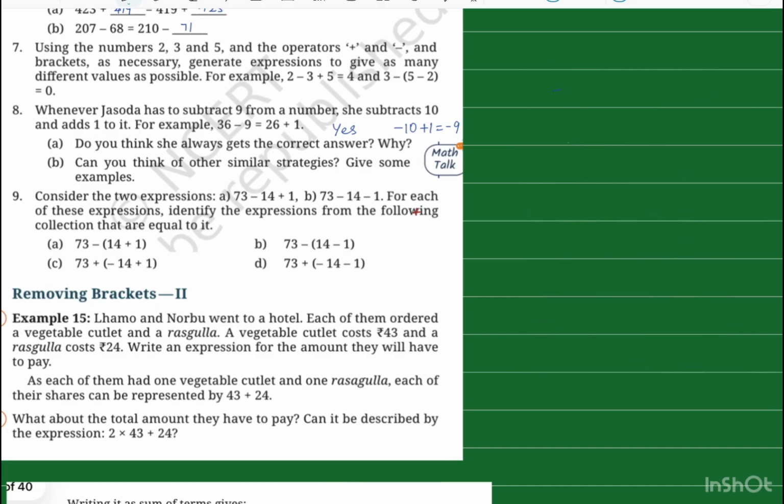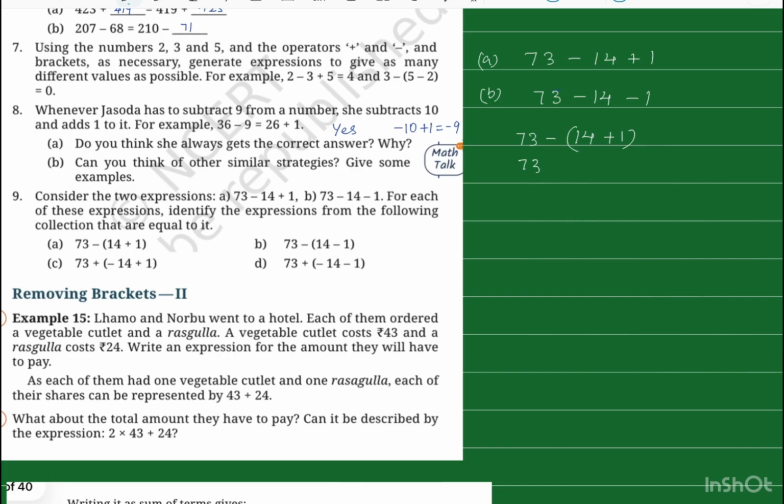Consider the two expressions: A, 73 minus 14 plus 1, B, 73 minus 14 minus 1. For each of these expressions, identify the expressions from the following collection that are equal to it. So first one is 73 minus (14 plus 1).